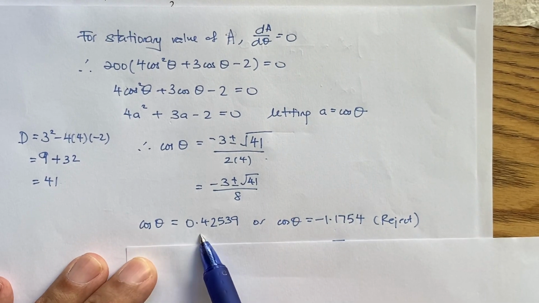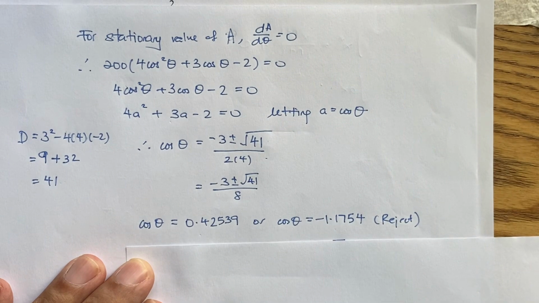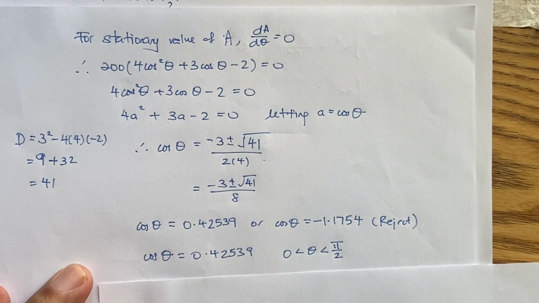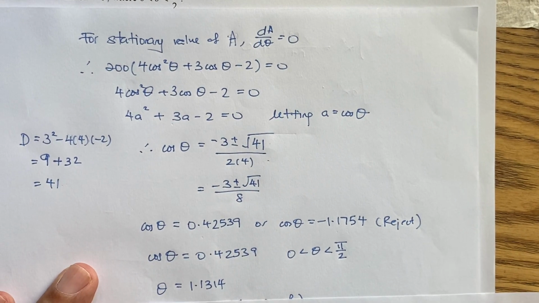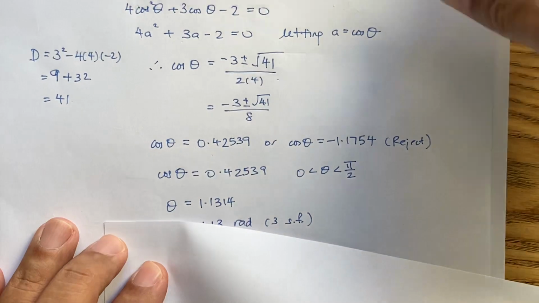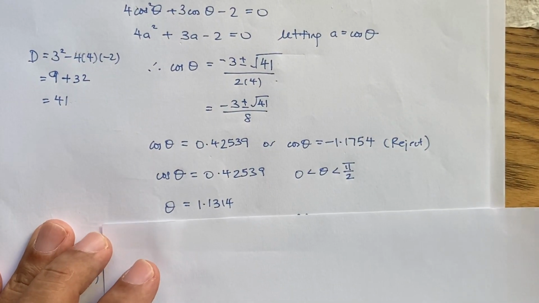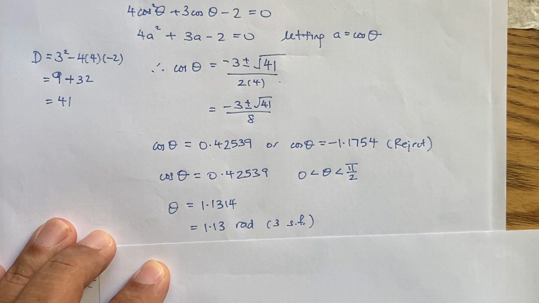So we're only looking at cosine theta equal to 0.42539, and if you take the inverse cosine, you're going to get 1.1314. If you were to approximate to 3 SF, we're going to get 1.13 radian.